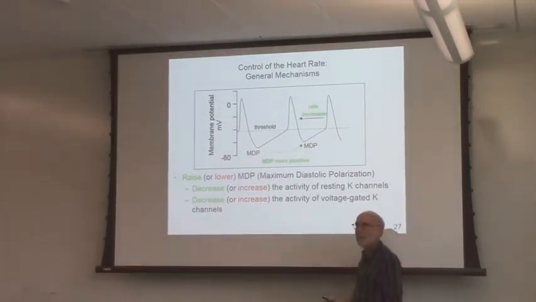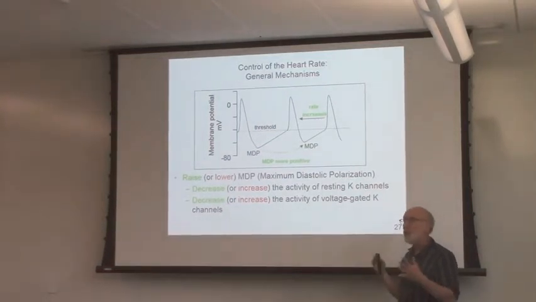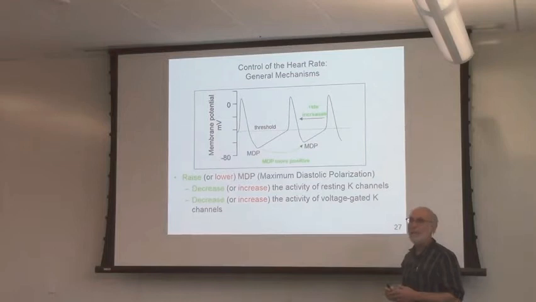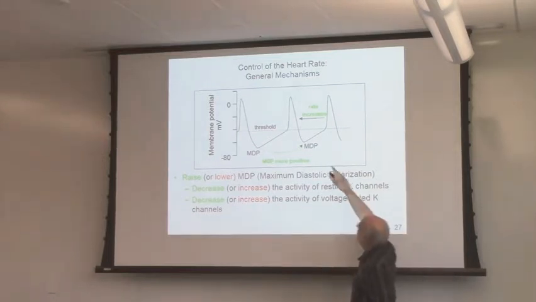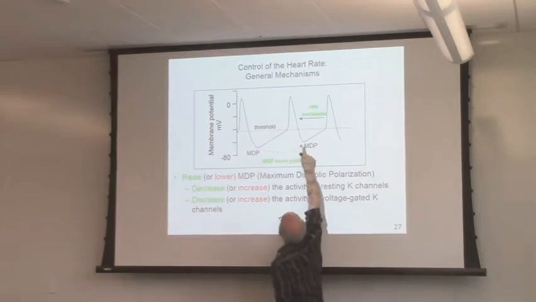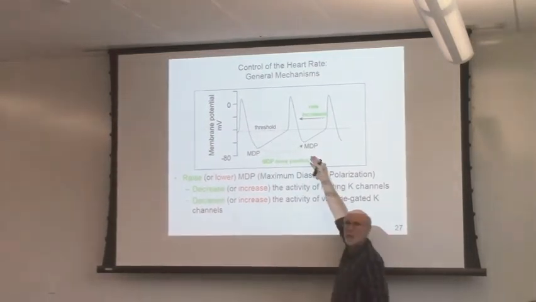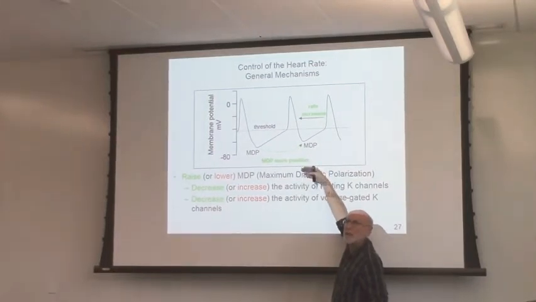That's its maximum. Most hyperpolarized. If we make the maximum polarization less negative, and we change nothing else, we're closer to threshold from the start, and we get to threshold faster.